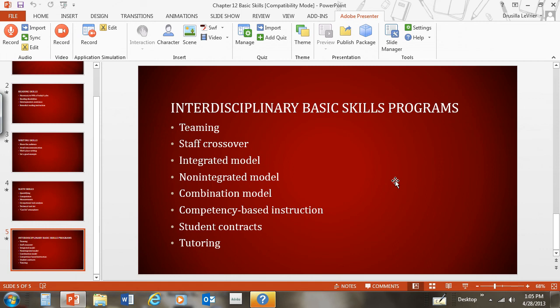Certainly, each and every one of us as vocational teachers is going to be utilizing labs, and it's just integral to the way that we teach.